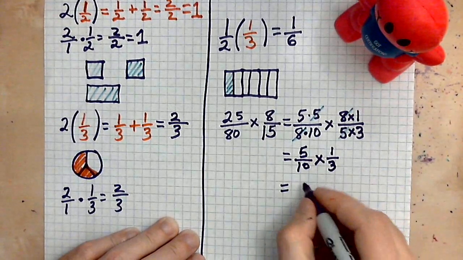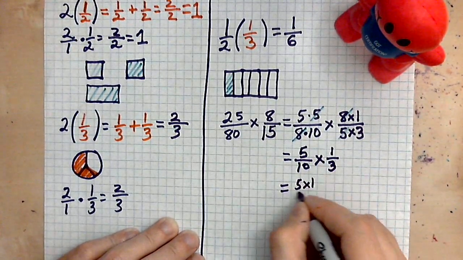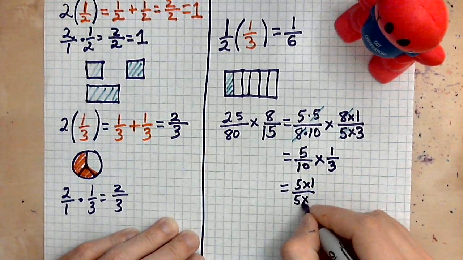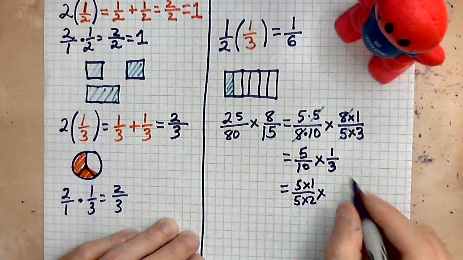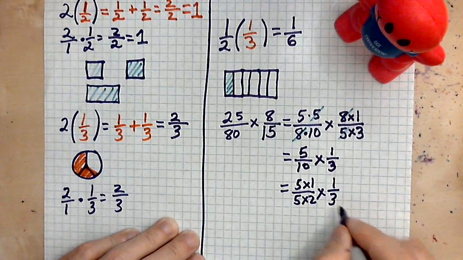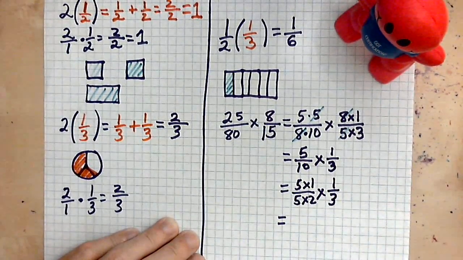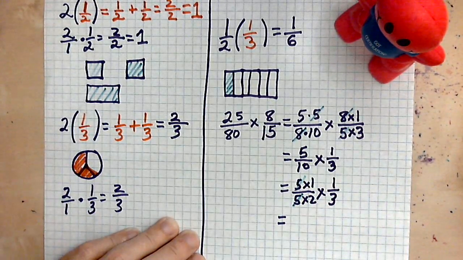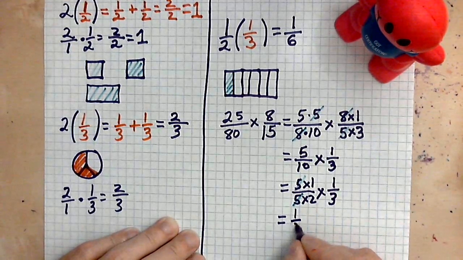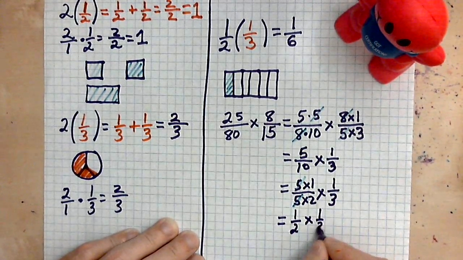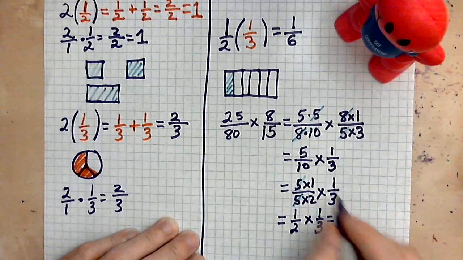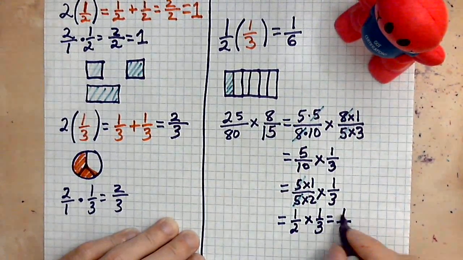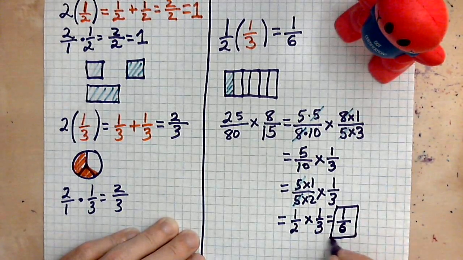That 5 we can keep as 5 times 1. The bottom here can be written as 5 times 2. And all of this will still be multiplied by 1 over 3. So now we cross off the 5's. So what remains is 1 over 2 times 1 over 3, which as before is just 1 over 6. There you go.